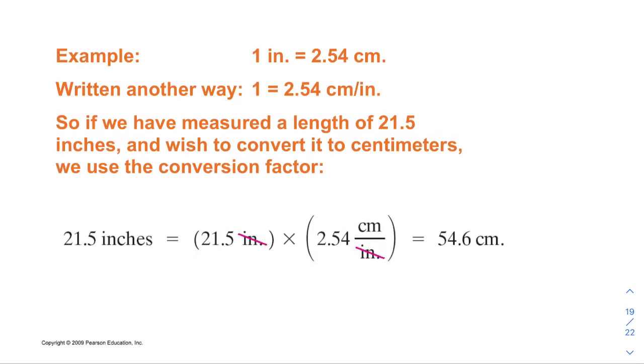Example, if you have 1 inch, you may write it another way, 2.54 centimeter per inch. So we have a measured length of 21.5 inches and wish to convert it into centimeter. We use the conversion factor of this. Right? So like this. The conversion factors most of the time can be figured out from your calculator. So please refer to your calculator.